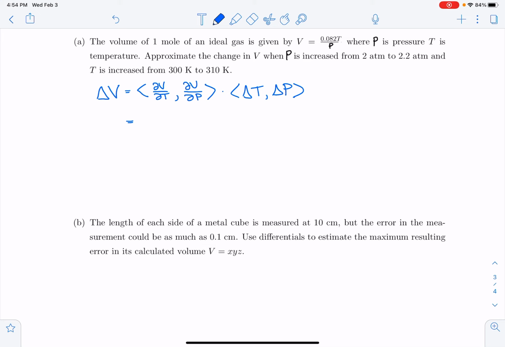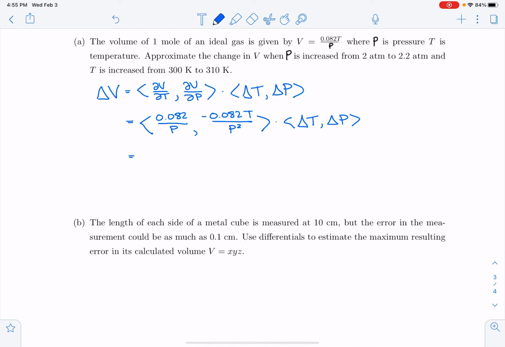We just want to know how much the volume changes by. If we take the partial derivative with respect to T, we get 0.082 over P. And the partial derivative of V with respect to P is negative 0.082 times temperature over pressure squared. And then we dot that again with delta T, delta P.